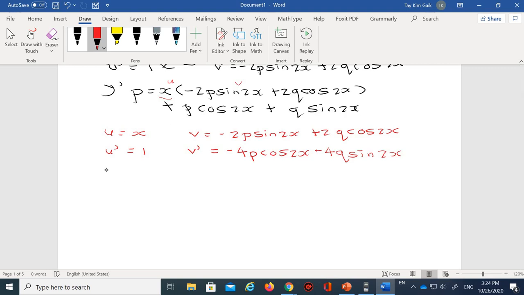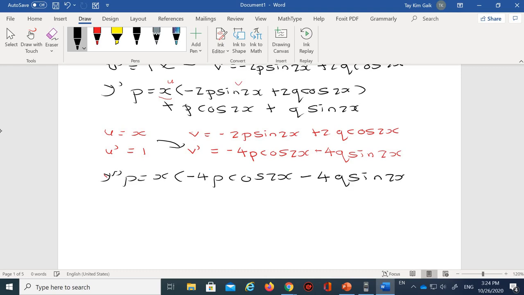So that's why your y double prime p, which is x times negative 4p cos 2x minus 4q sin 2x, plus v u prime, which is actually you have here negative 2p sin 2x plus 2q cos 2x.